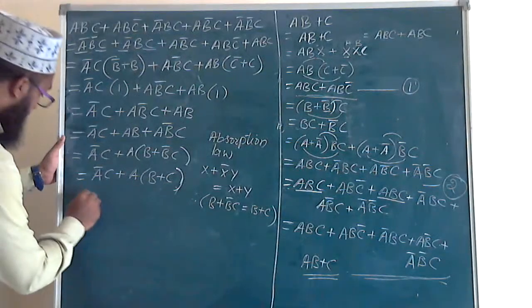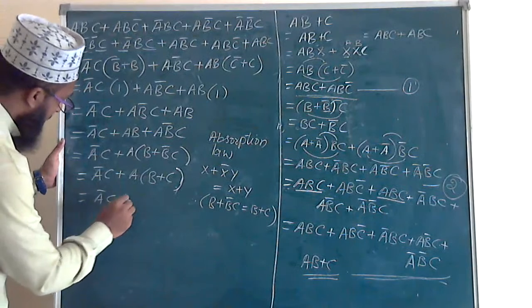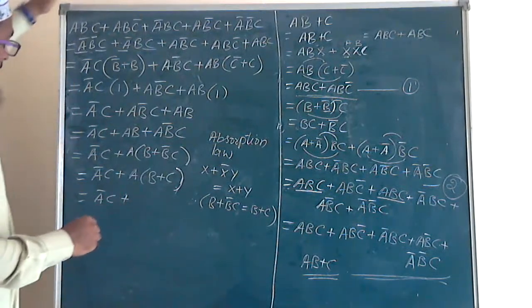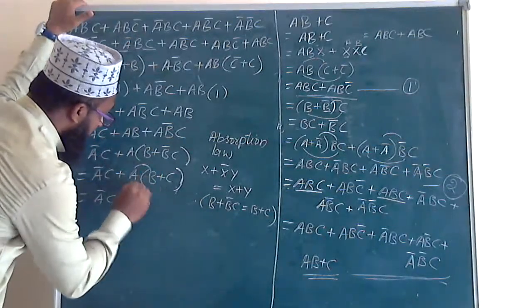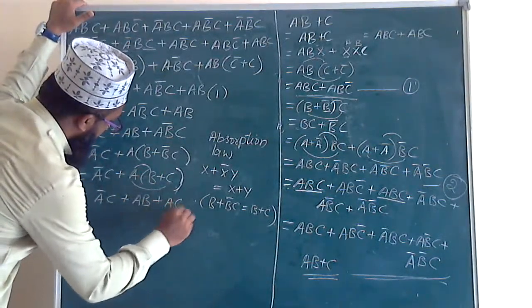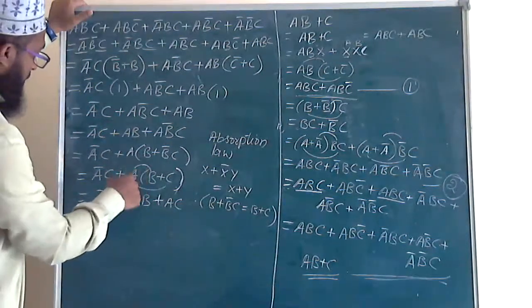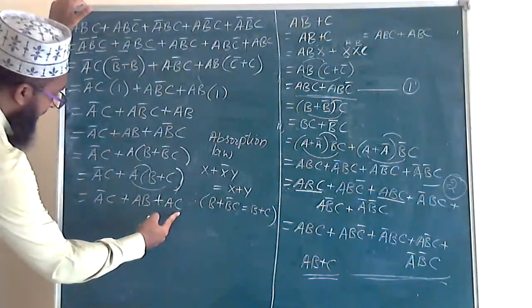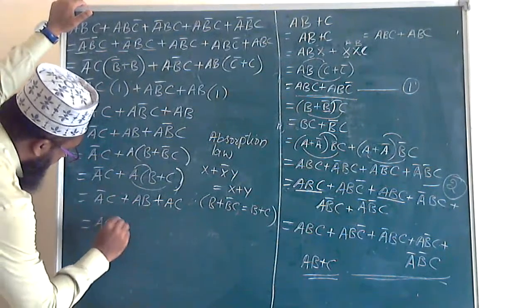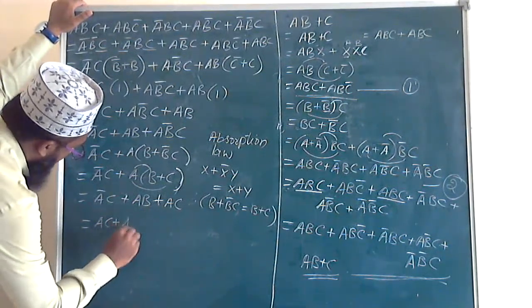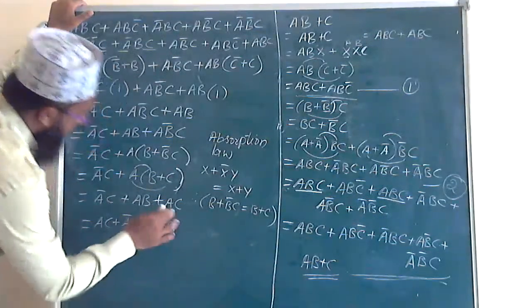Then next step, write down A bar C as it is plus multiply: A into B, then A into C. Then take A C this side, which is equal to A C plus A bar C plus A B. Just change the position.